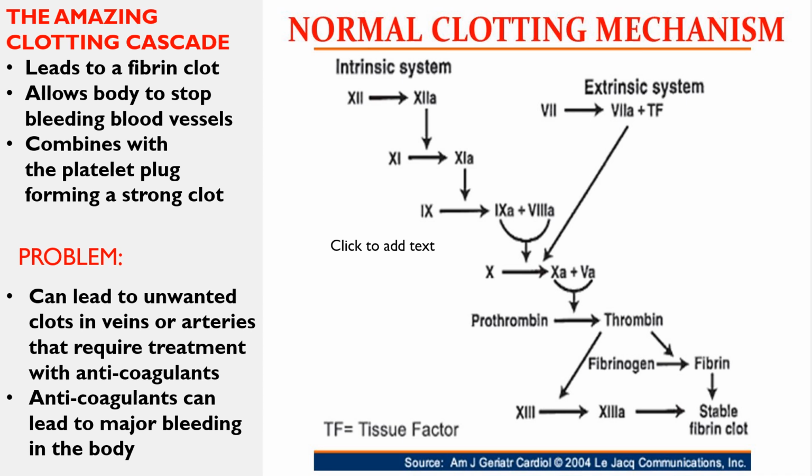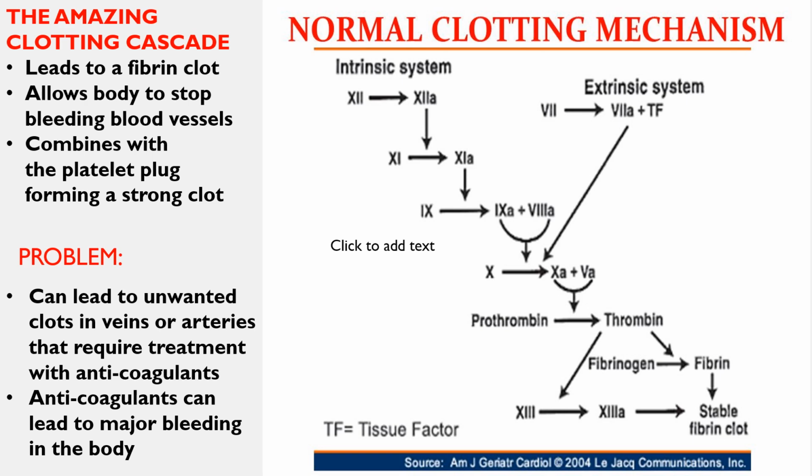So let's just look at the two arms of this clotting mechanism, this clotting cascade, the intrinsic system and the extrinsic system. Well, the intrinsic system just means that the inside of the blood vessel has somehow been injured. And that arm, the intrinsic system arm, has been activated.